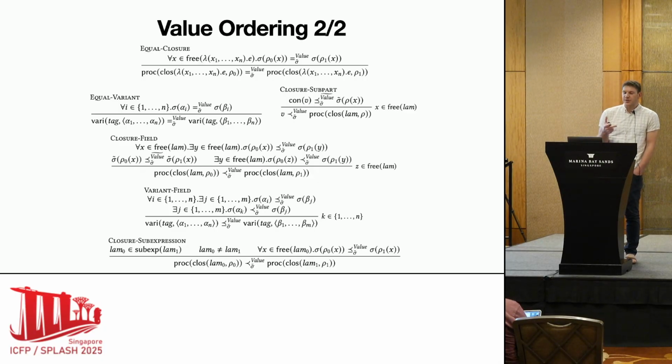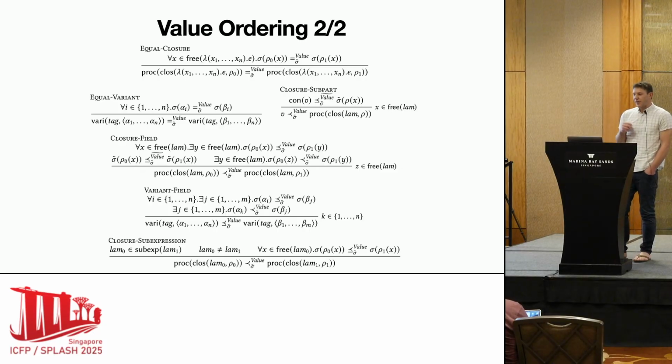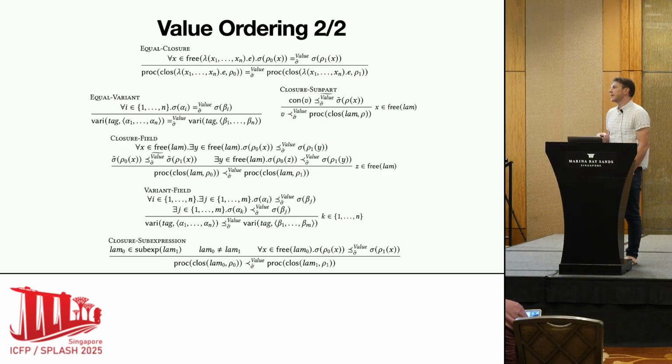For functions, if you've got a closure over the same lambda, but one of its environment variables is smaller, then that counts as smaller. Anyway, the idea is that they are off-the-shelf orderings, but you can modify them if you want.